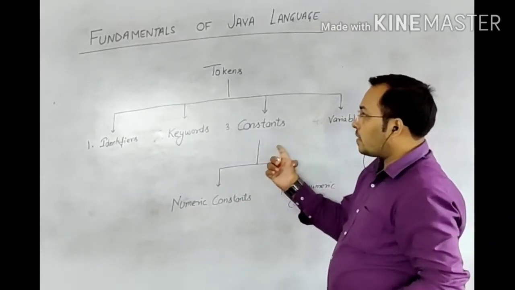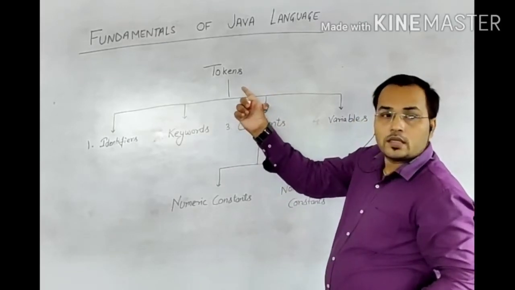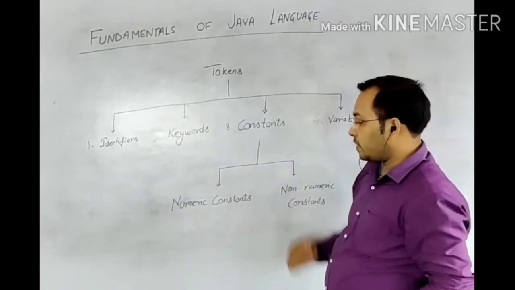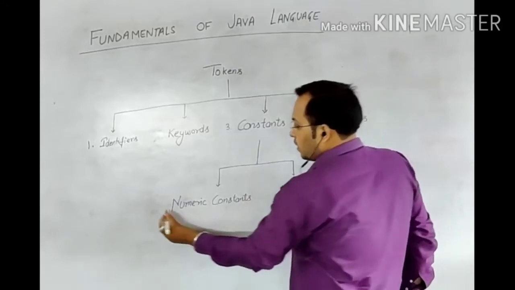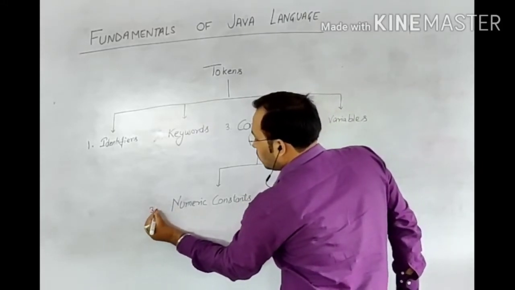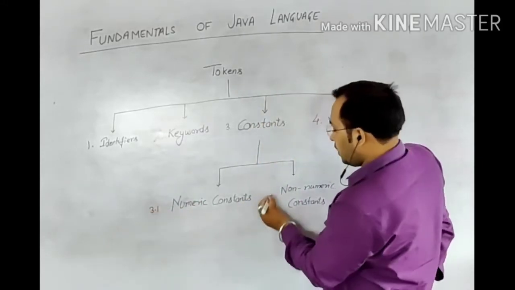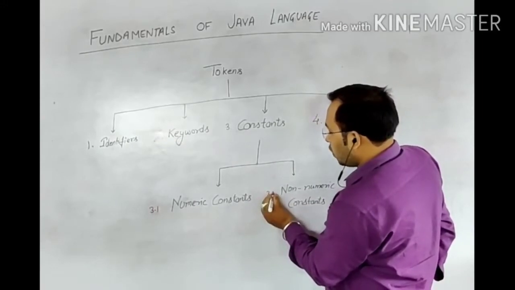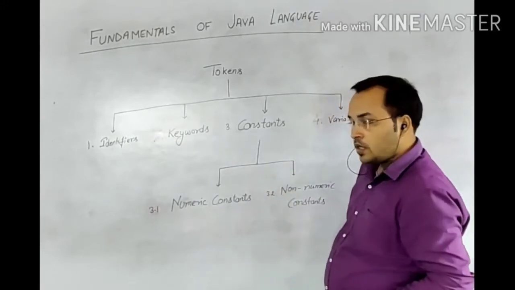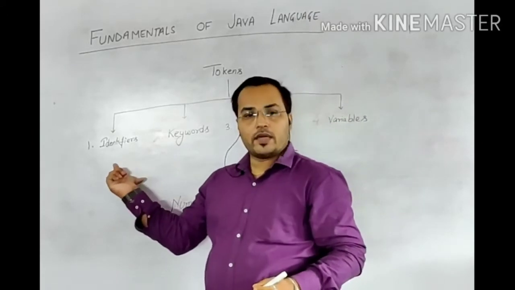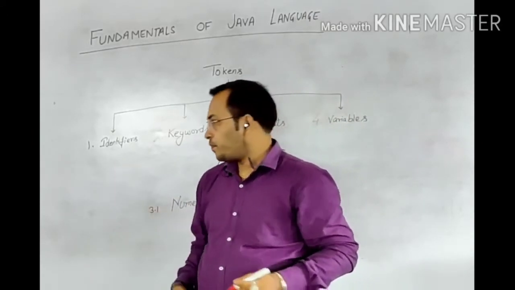These four are the tokens which are used in the Java language. Constants are further categorized into numeric constants and non-numeric constants. Now we will discuss them one by one.